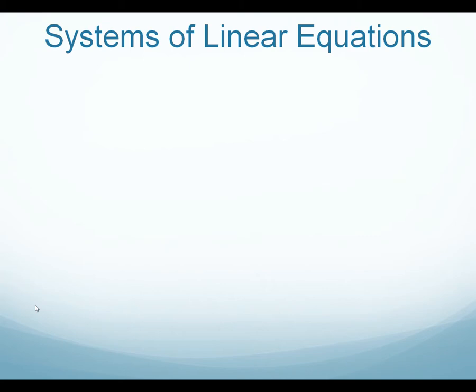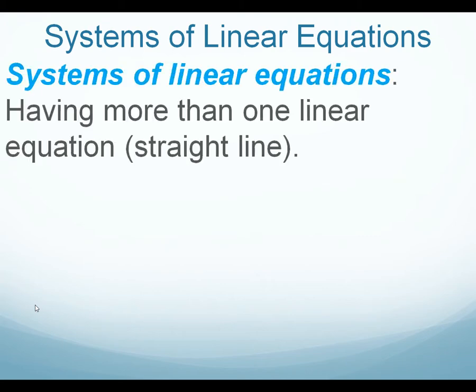So if we take a look, systems of linear equations, what does that mean? Systems of linear equations are when you have more than one linear equation. And a linear equation is a straight line. So that would be like if you had a graph and that graph had 2 or 3 or 4 different straight lines on it.